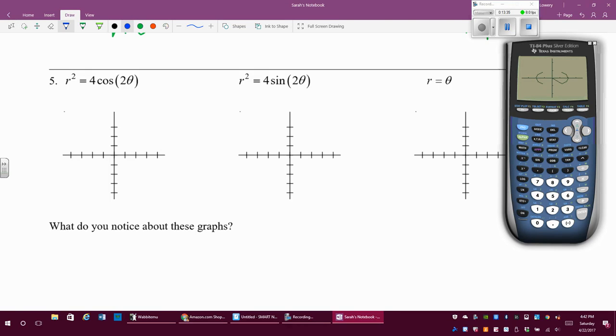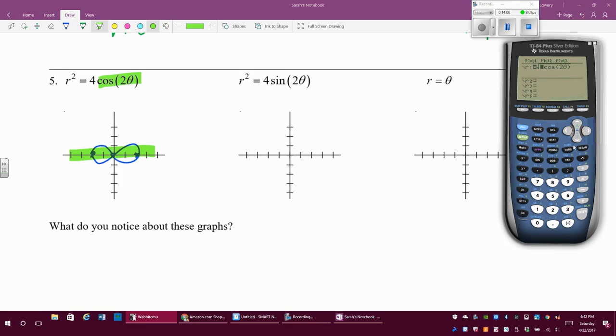So what's actually going on here, I've got a point here, and I've got a point here, and I have a point at 0, is I have an infinity symbol here, okay? And when you go to graph this other one, so this is a cosine graph. First off, notice this cosine graph is symmetric over x. Watch what's going to happen with this next one.